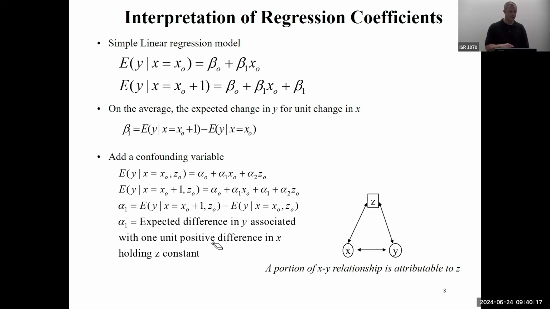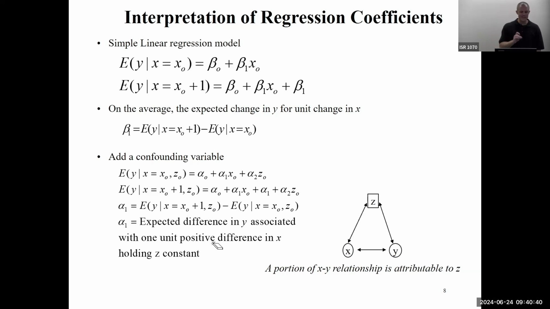Okay, now let's suppose that we add 1 to that value of x naught. That's that second regression function. If we add 1 to that value of x naught, now the regression function says that the mean of y is beta 0 plus beta 1 times x naught plus the additional beta 1, because we had increased the value of x by 1 unit. Okay?